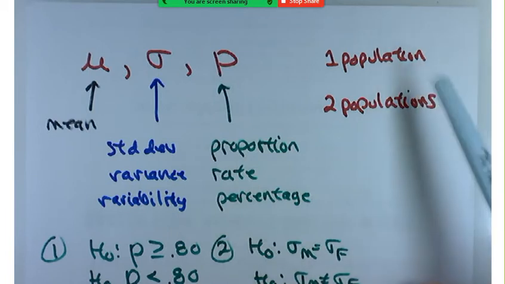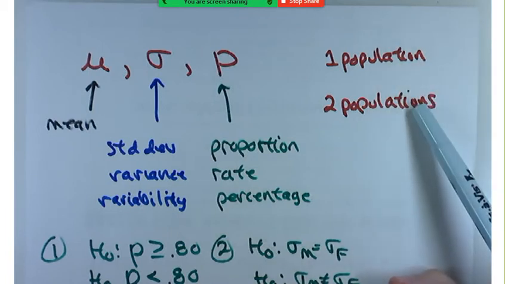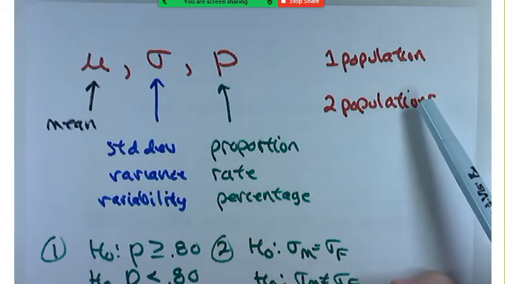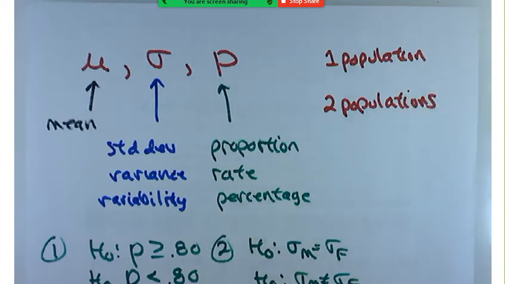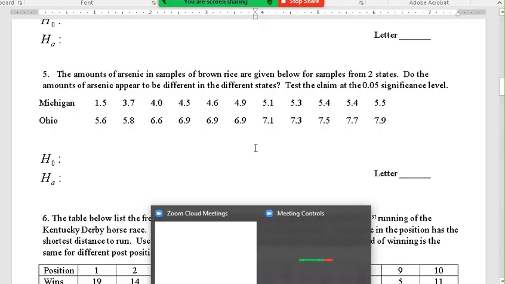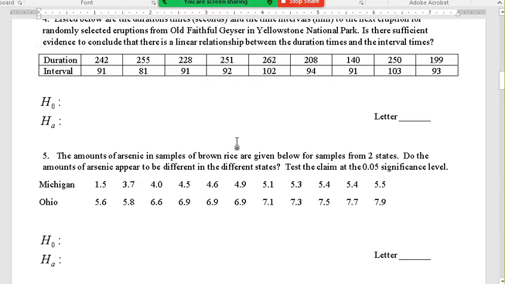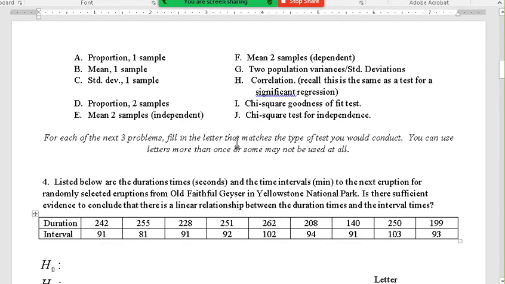Are we dealing with one population or two populations here? Two populations, good. So let's look back at this here. You got two populations and we're testing mu. There's actually two letters that could satisfy this, and I think I gave partial credit for one.